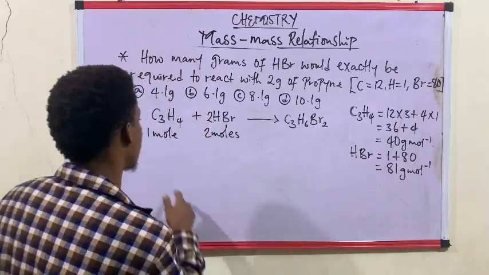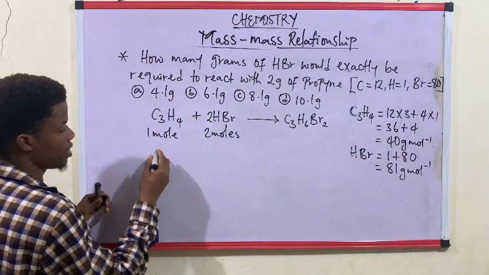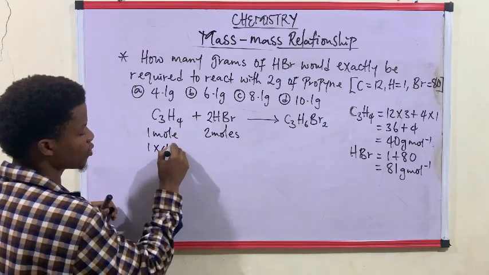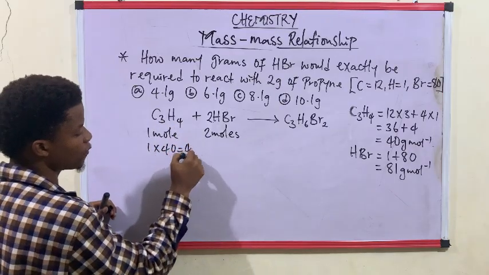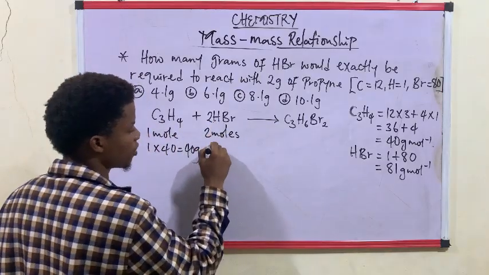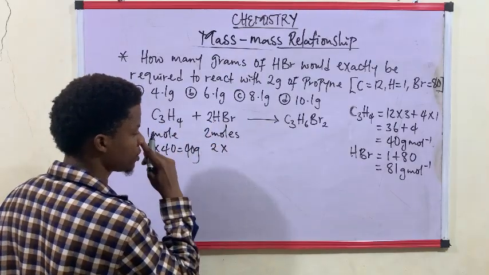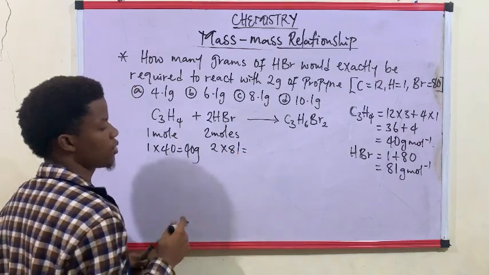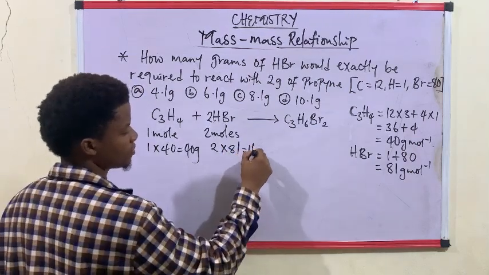Now, listen attentively, the mass of 1 mole of the substance is equal to the molecular mass. So because this is 1 mole, I can say 1 times the molecular mass 40. 1 times 40 is still 40. So we have 40 gram. So the mass of this is 40 gram. Then it is 2 times 81. That will now give us 160.